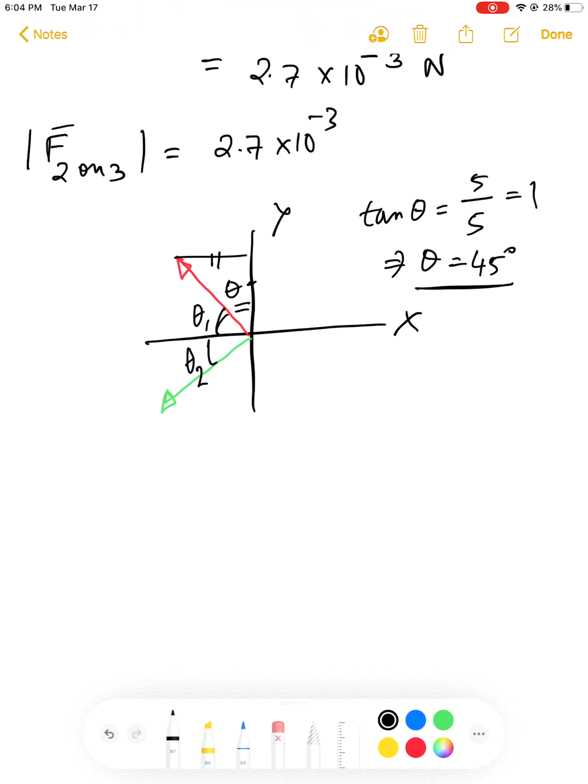Once you know theta is 45 degrees, you know that theta 1 is also 45 degrees because this whole angle is 90, right? Similarly, you can find out theta 2 to be 45 degrees as well, because this will still be 5 over 5.